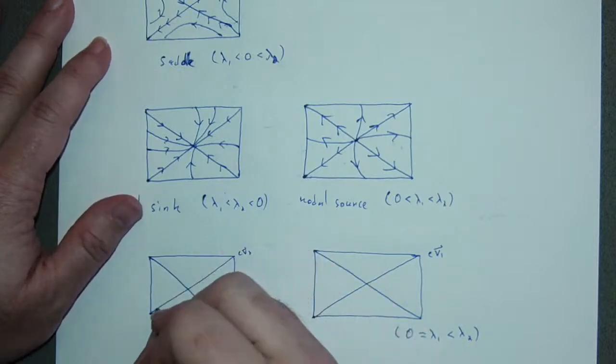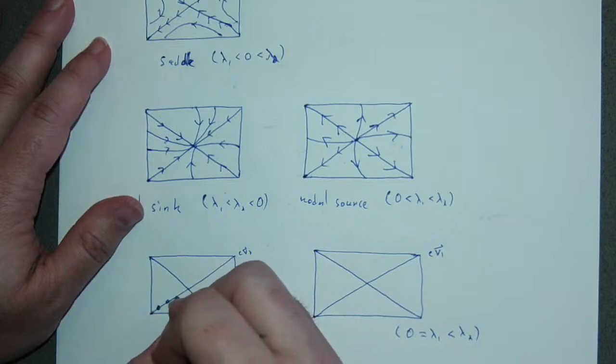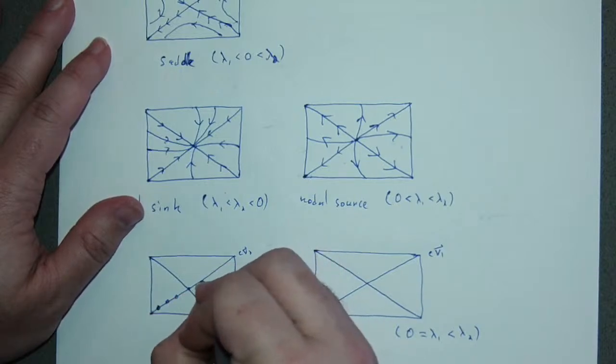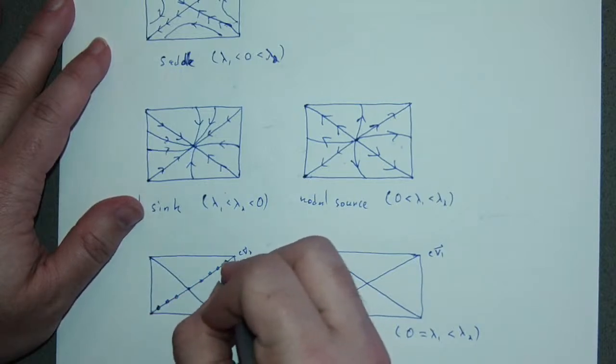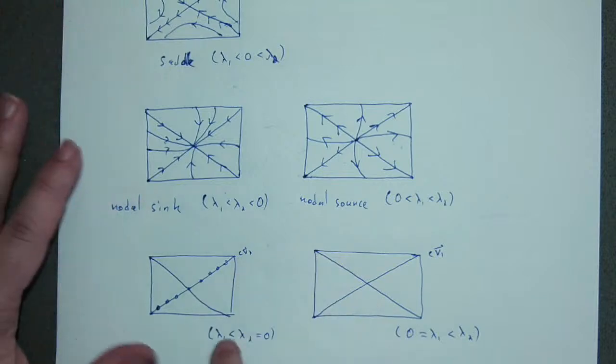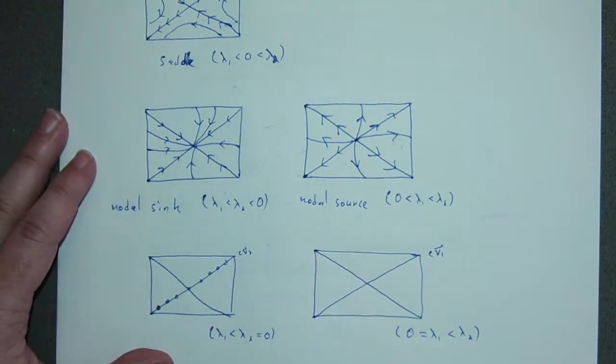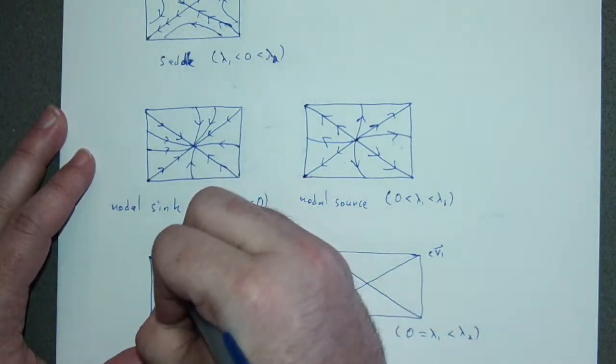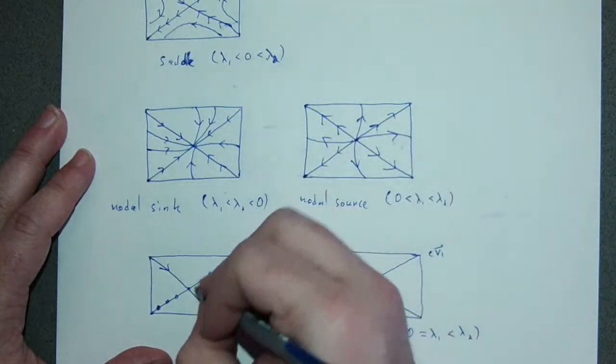All right, and so then along the line determined by the eigenpair with the 0 eigenvalue, there's no motion, right? It's stationary. All these are stationary points. Along the other eigensolution line, I would get motion toward the origin since it's negative.